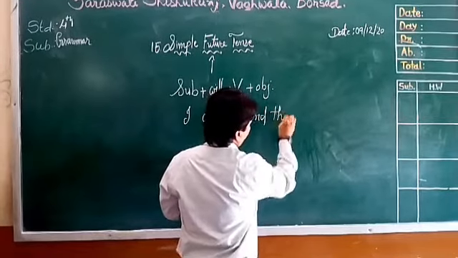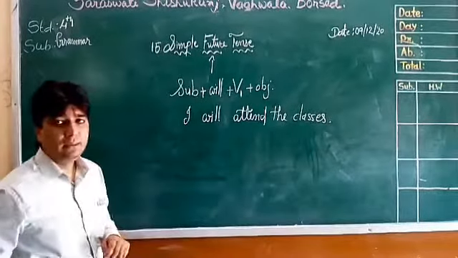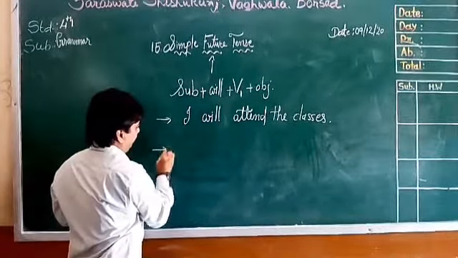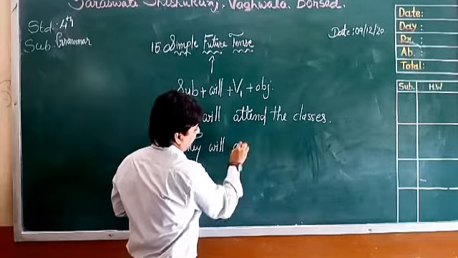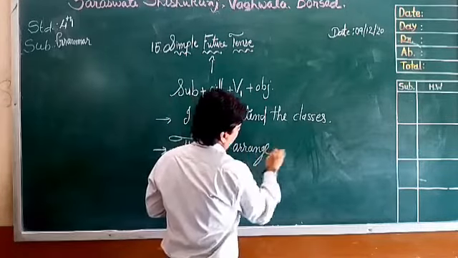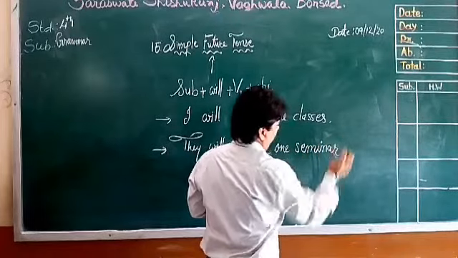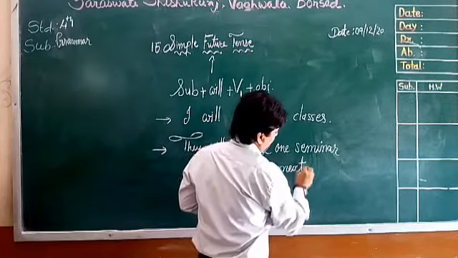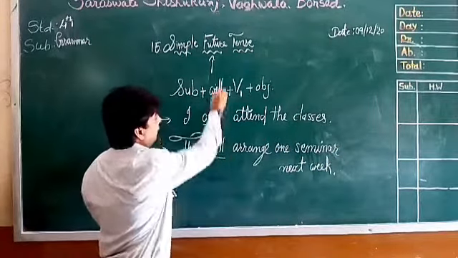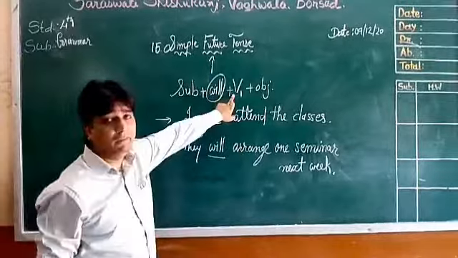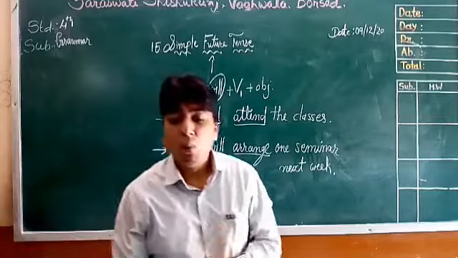I will attend the classes. They will arrange a seminar next week. Now as you can see will here, then verb 1: attend, arrange. Those are verb 1.